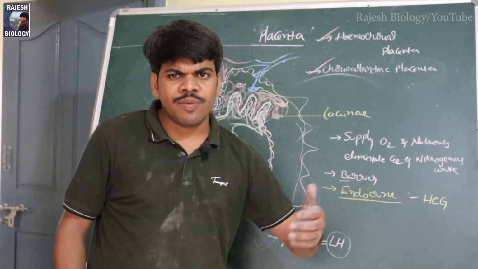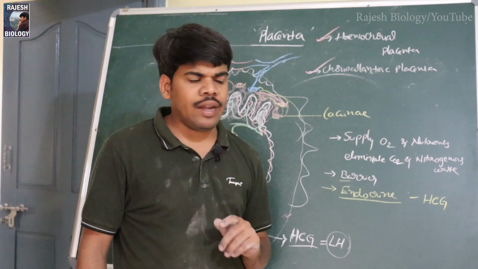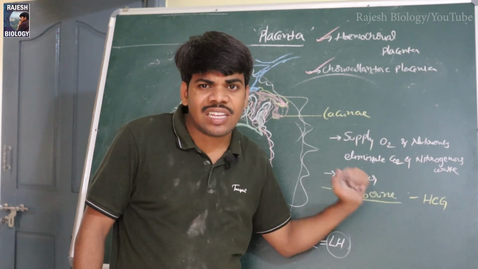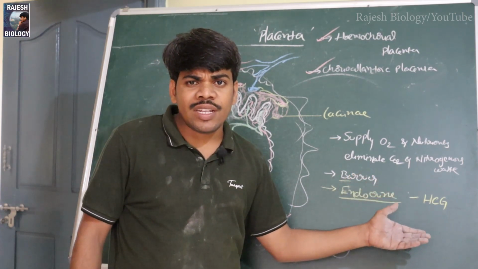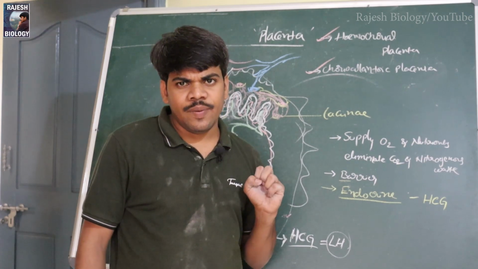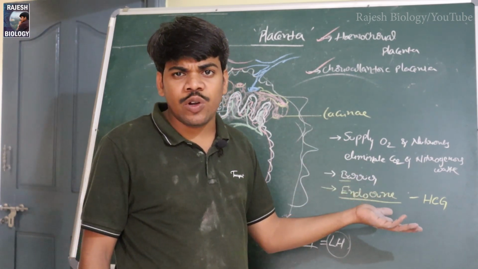Gradually HCG decreases, and where there is no HCG, the corpus luteum is also going to regress and degenerate. Then what happened? The pregnancy is 9 months and HCG is only 4 months.